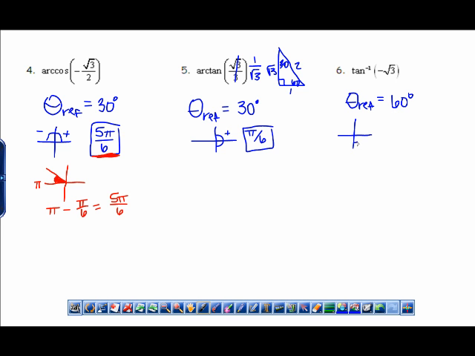Okay, again, arctangent, we're either going to be in quadrant 1 if it's positive, but if it's negative, like this example, we're going to be in quadrant 4, which means we're just going to make 60 degrees negative 60 degrees, and always remember to turn this into radians on this worksheet anyway. Typically, we're going to start working in radians most of the time, I would say about 80 to 90% of the time.